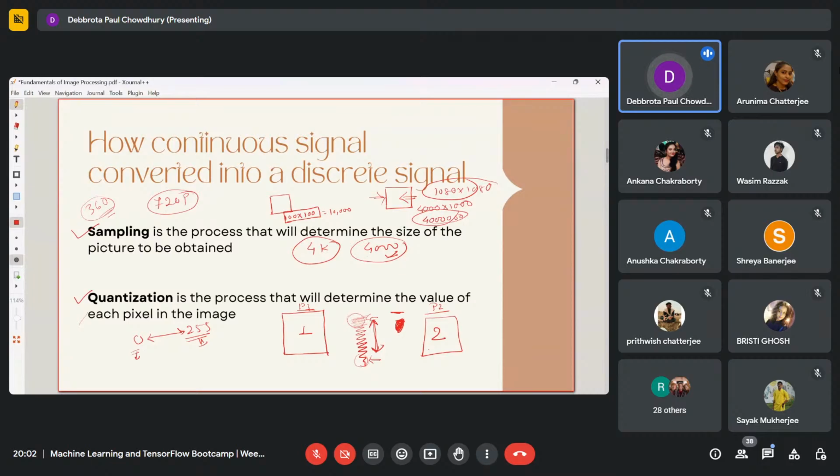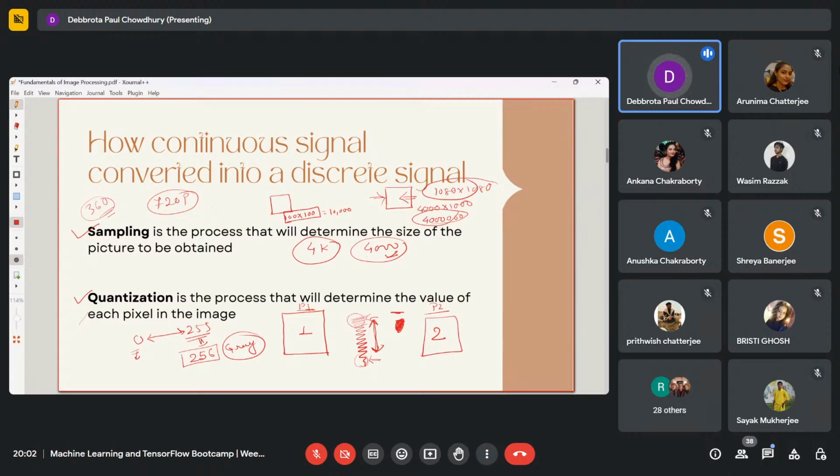So 0, 1, 2, 3 up to 255. So how many shades are there? Total 256 shades of gray level. So if you are using 256 levels of gray, then your picture would be more clear.